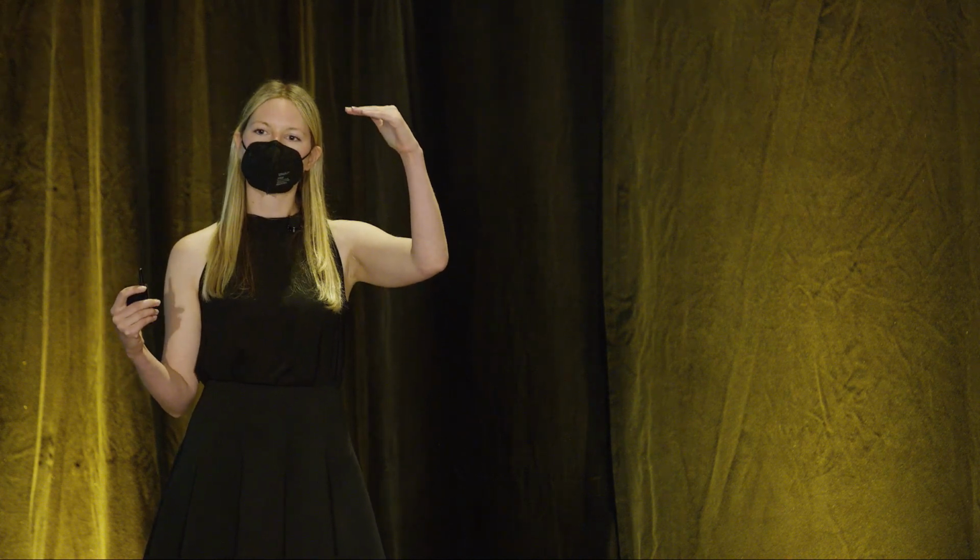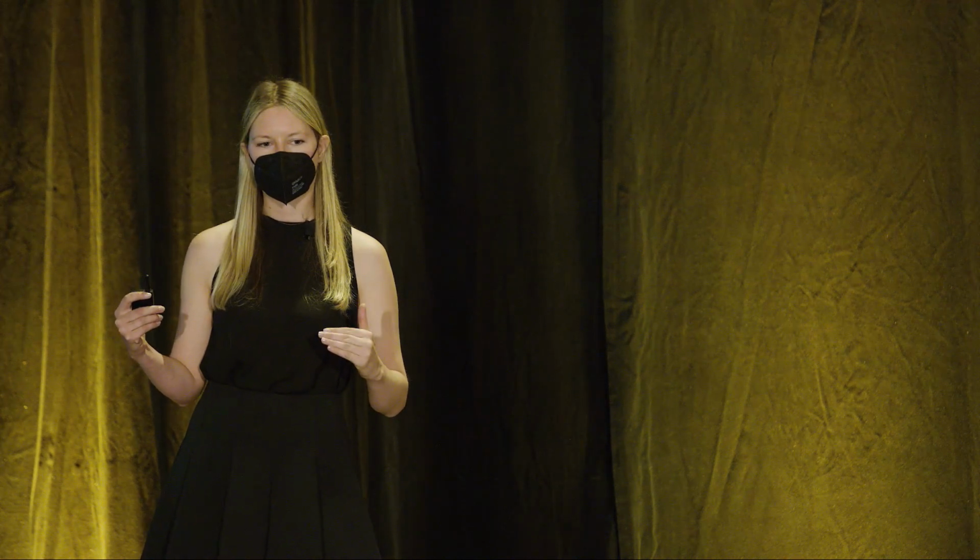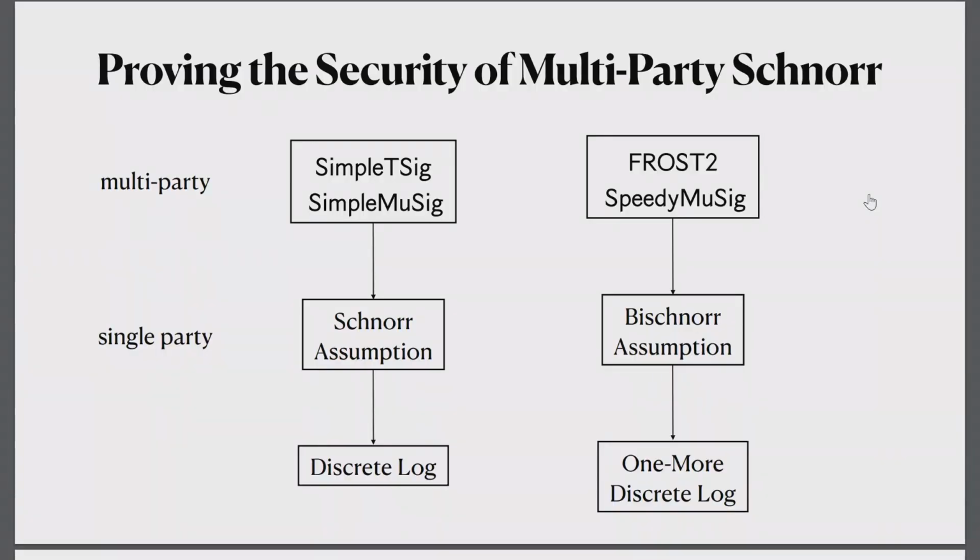But critically, that's at a single-party level, so we can prove multi-party as a reduction to single-party, and then use the standard proof from single-party Schnorr to discrete log. Now, for the case of the 2-round schemes, we have a similar single-party intermediate assumption called the bi-Schnorr assumption. It's a little bit more complex, but the same idea holds.